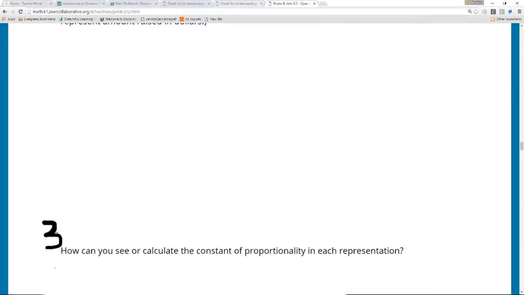Now, number 3 says, how can you see or calculate the constant of proportionality in each representation? So, in the equation, if it's something times x, it's always right here.